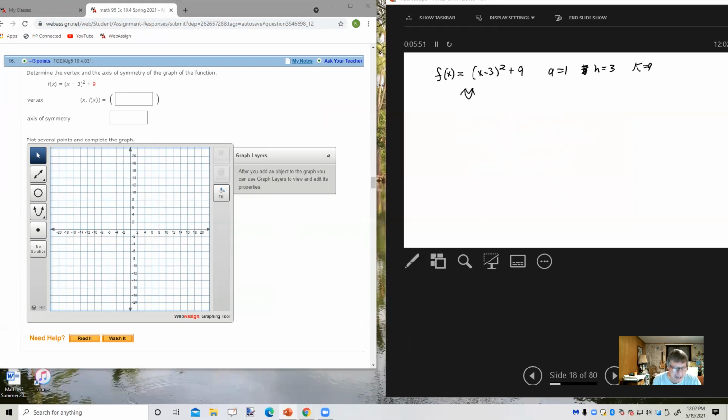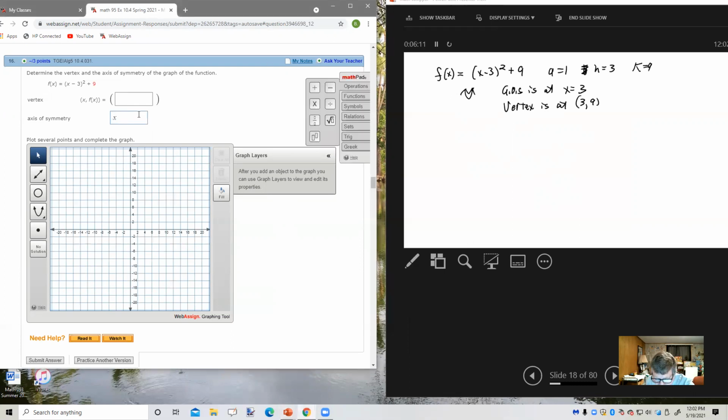They don't specifically ask us that, but that's still okay. The axis of symmetry is at x equals 3, x equals h. The vertex is at h, k. All right. So the axis of symmetry is at x equals 3.